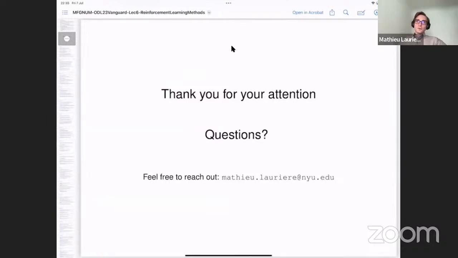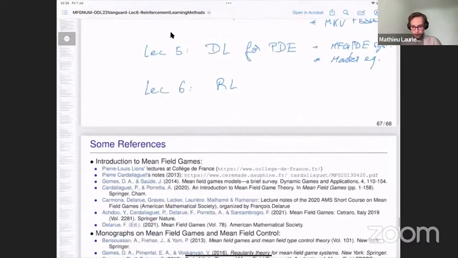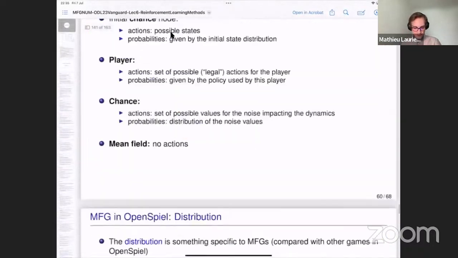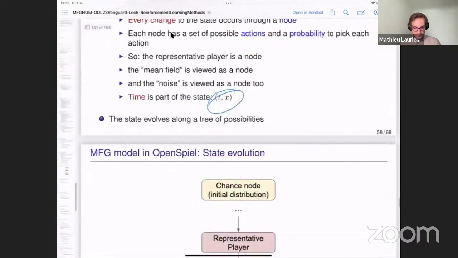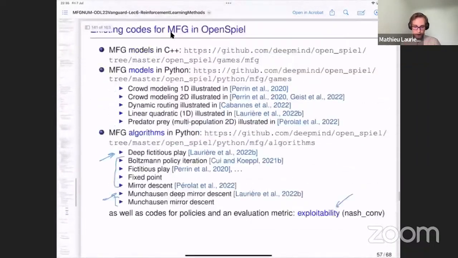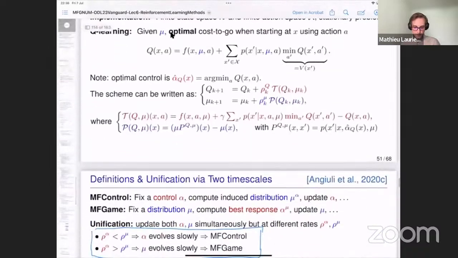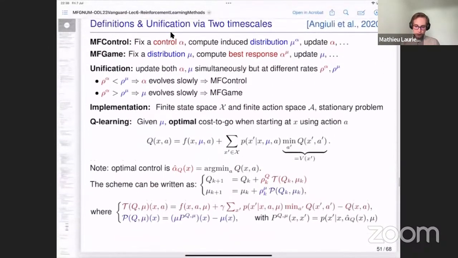Yeah, I think that could happen. The intuition is that indeed when the learning rate for one is bigger, you converge to MFC, and otherwise you converge to MFG. It's not as simple as just this inequality.